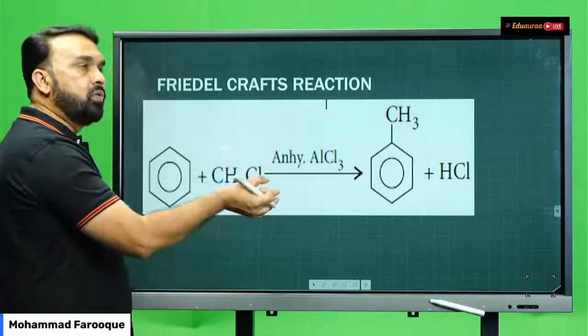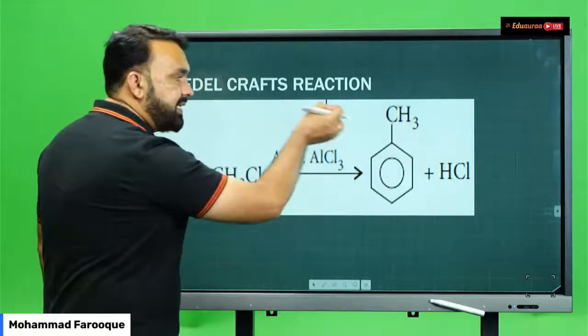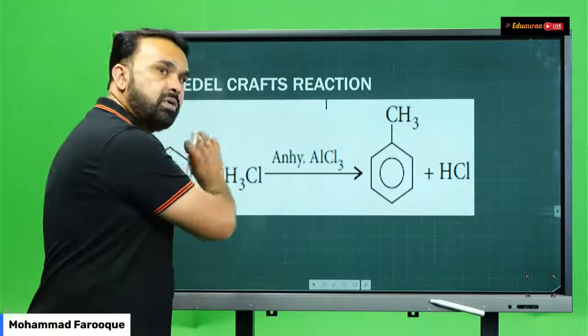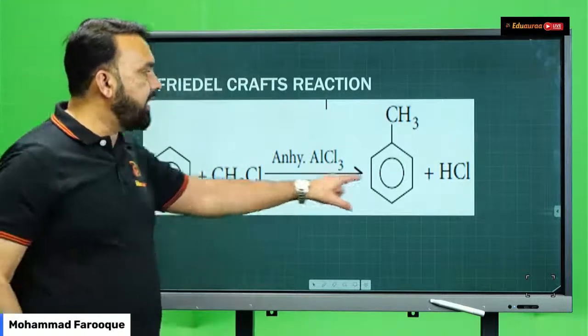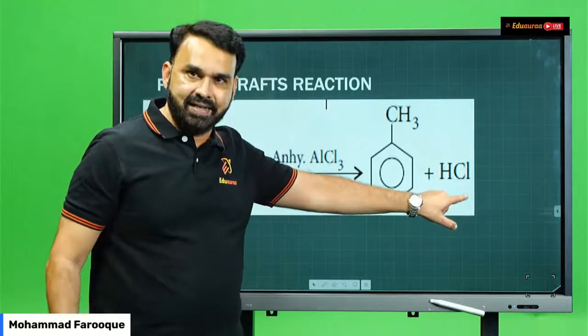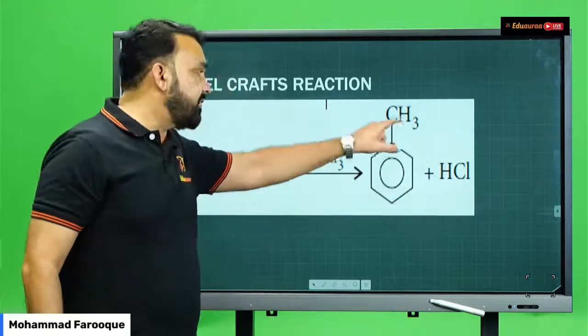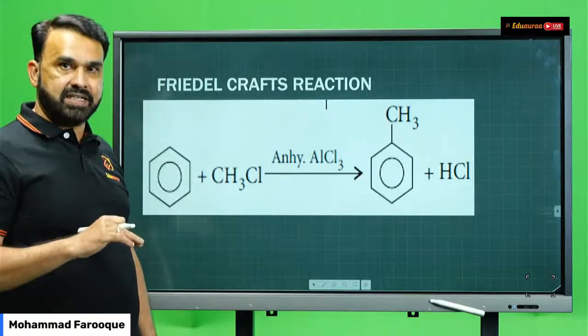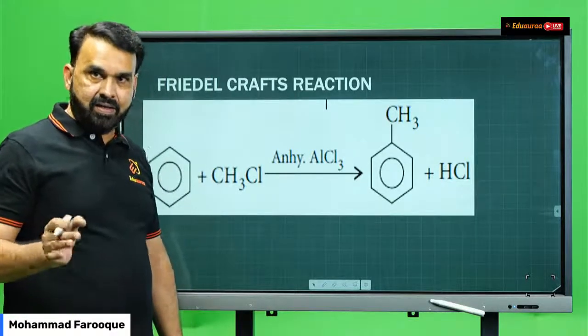That means hydrogen is removed, and the methyl group is attached to the benzene ring. And then that hydrogen which is removed from the benzene ring takes the chlorine and forms what? HCl. Correct? So you get the formation of alkyl benzene. This is your Friedel-Crafts alkylation reaction. Correct?